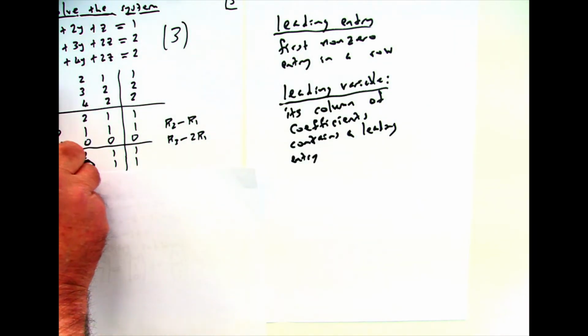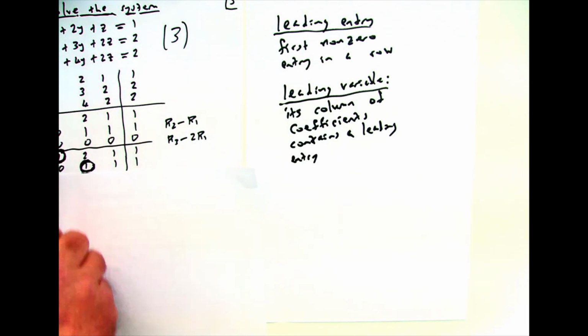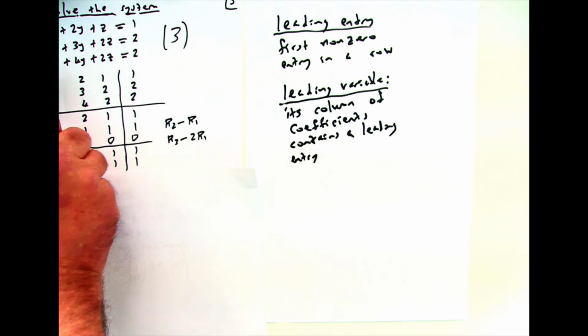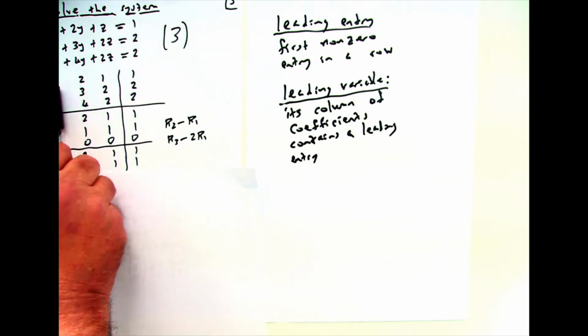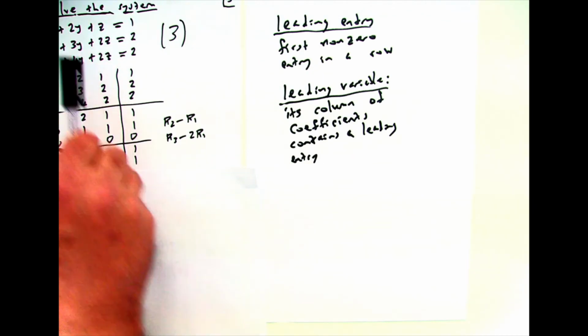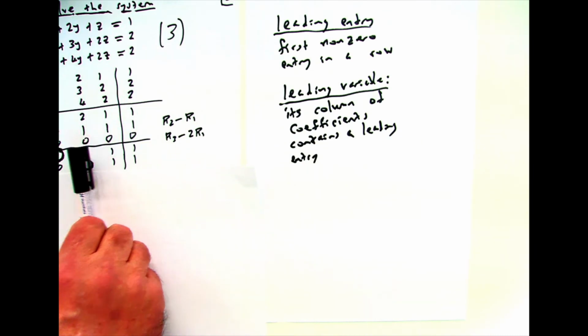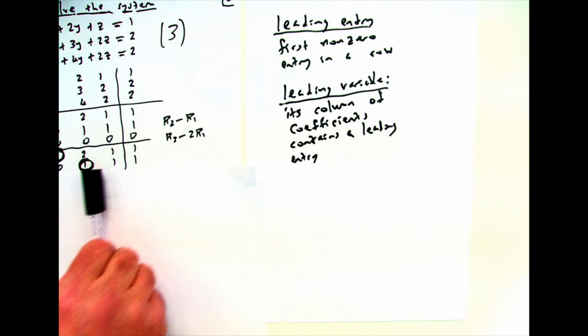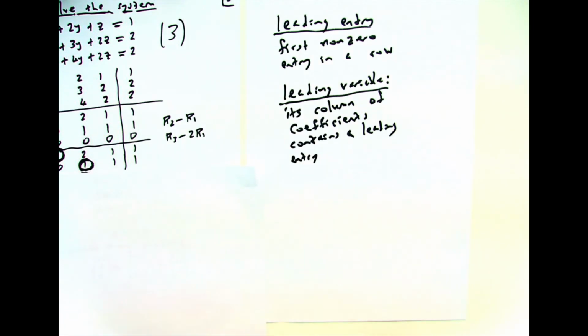Look at the coefficients in the column of our first leading entry, that's x. The second leading entry is in the second column, and that's the y column. So x and y are leading variables.